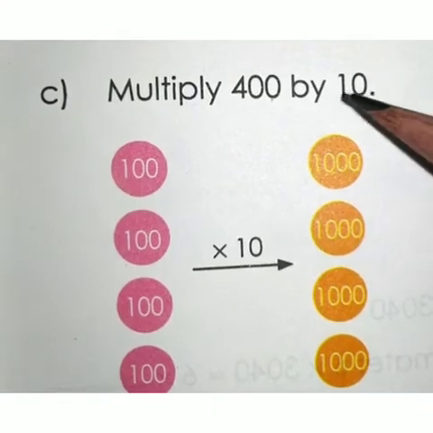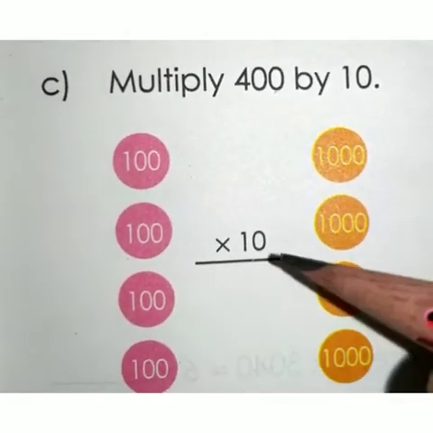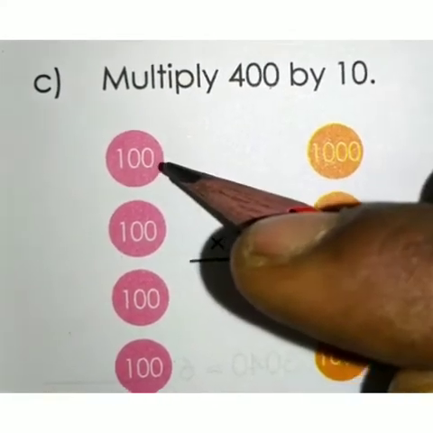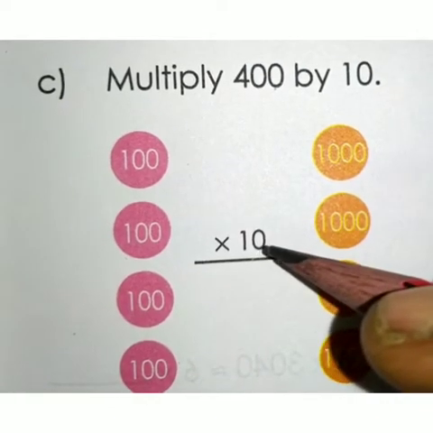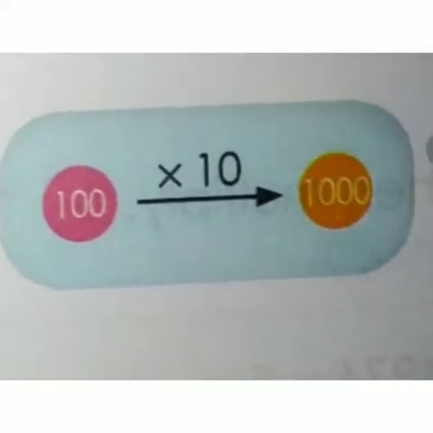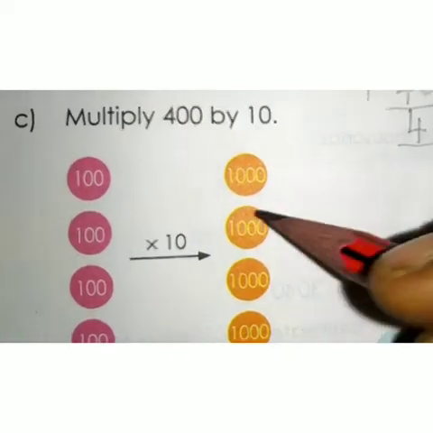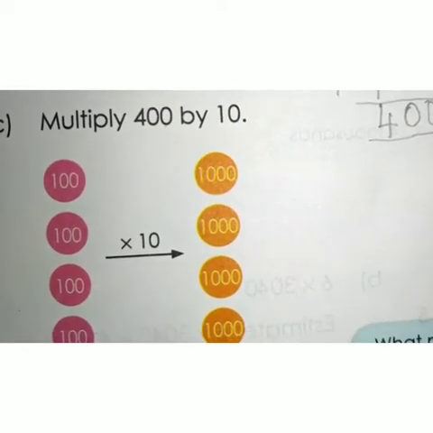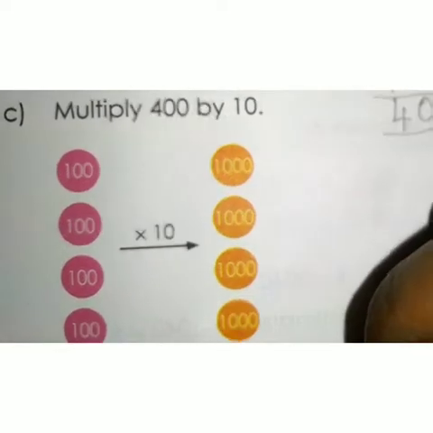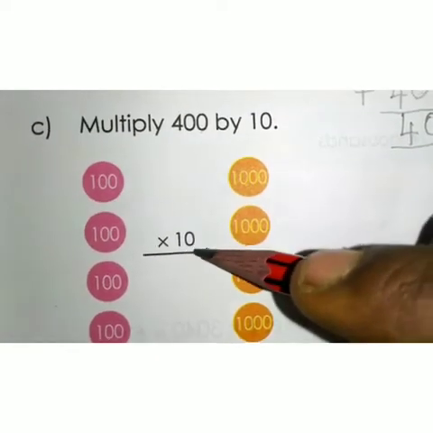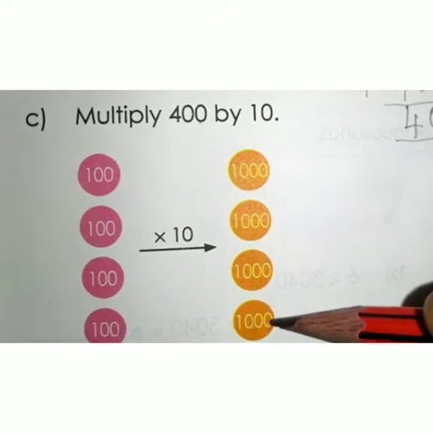Then multiply those hundreds by 10. 100 into 10 is 1000. So look here. 100 into 10 is equal to 1000. So you will get 4 times 1000. By multiplying all these values with 10, you will get 4 times 1000.